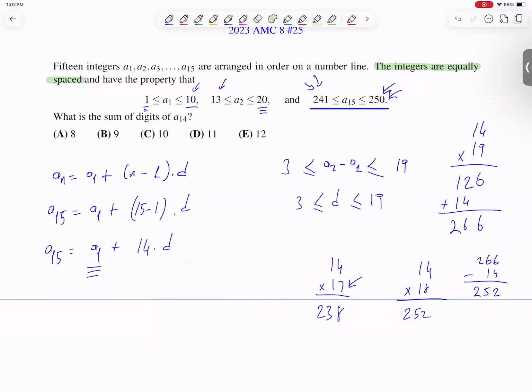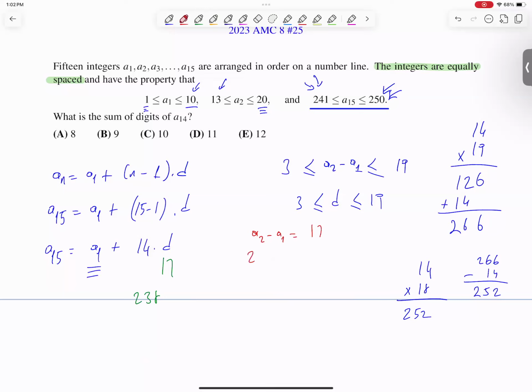Now we have to figure out the first term. The constant difference is 17, and 14 times 17 is 238. To get this constant difference of 17, a2 minus a1 is equal to 17.